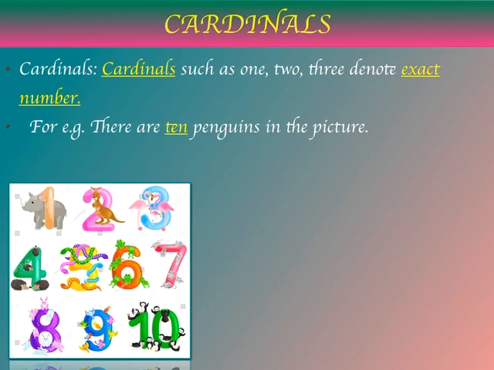In this sentence, penguins is the noun and the word 10 tells us how many penguins there are. So 10 is the cardinal, or you can say definite numeral adjective, because it answers the question how many. And you all know that penguins are countable nouns. So the word 10 is an adjective and it is called a cardinal.